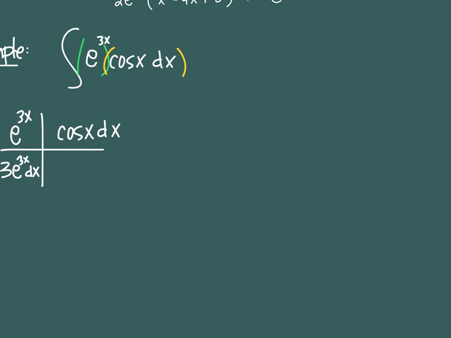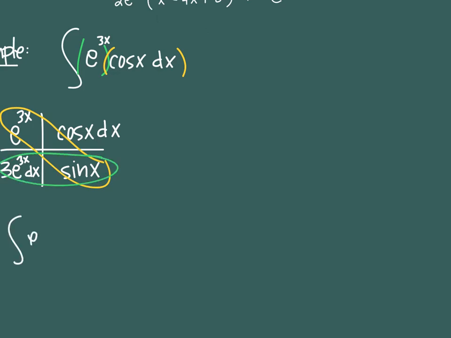And my antiderivative of cosine will be what? It is sine x. We're going to match up this way and that way.